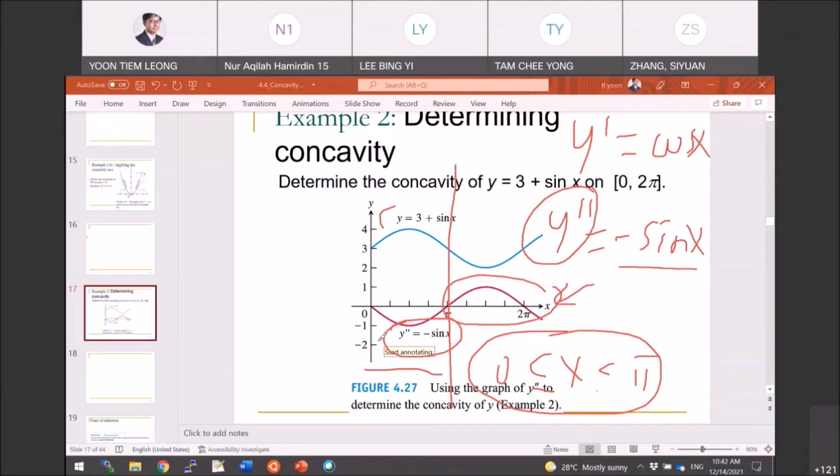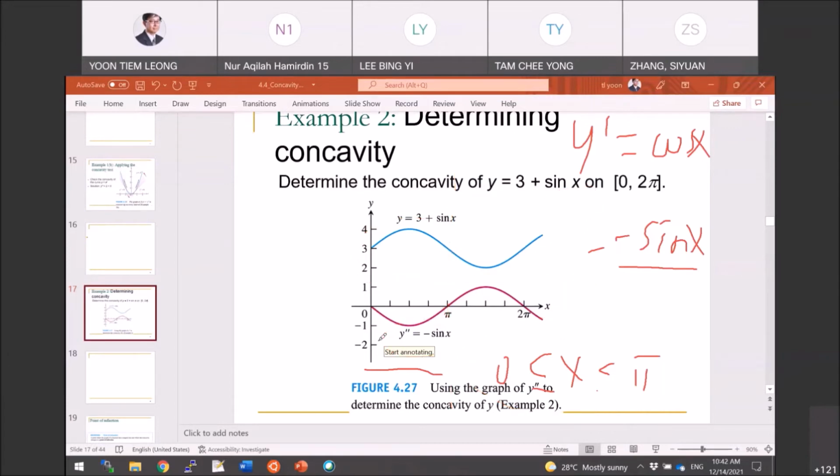Therefore, this graph has a positive concavity, whereas in the other region, the concavity of the function y equals 3 plus sine x is negative. Okay, so look at these functions and try to convince yourself you know what that means. Why is it that this part of the graph is positive concavity and this part is negative concavity?